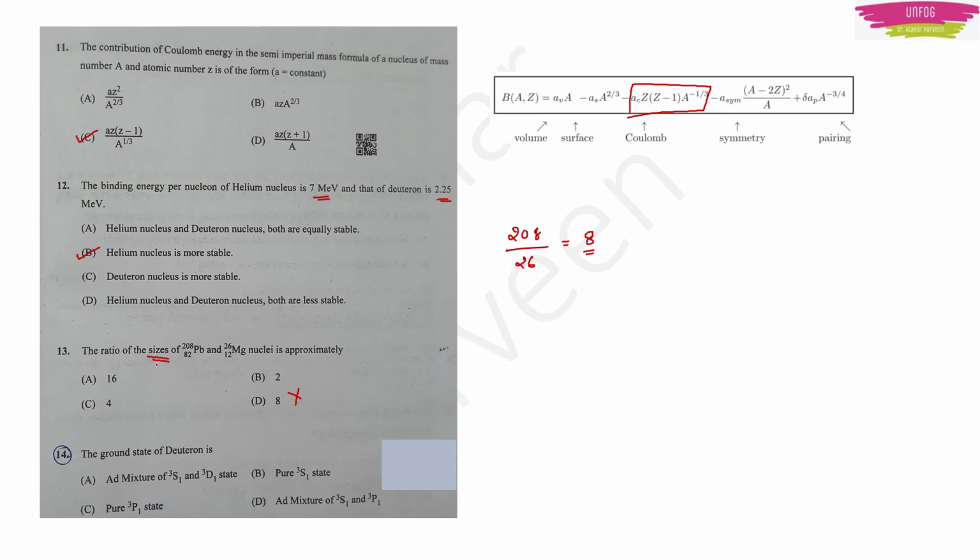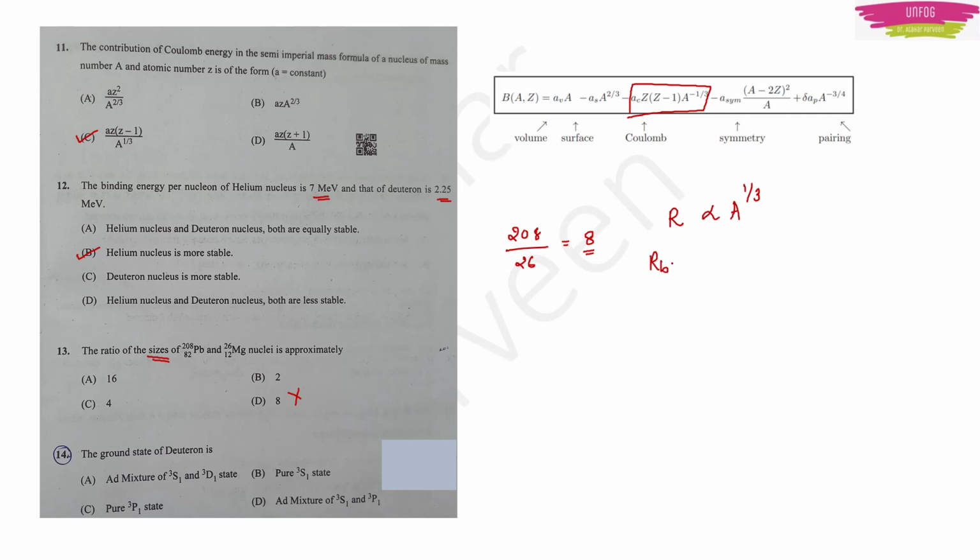Ratio of sizes means you have to keep radii ratio in mind. So we have radius directly proportional to cube root of the mass number. And they are asking us the ratio, isn't it?